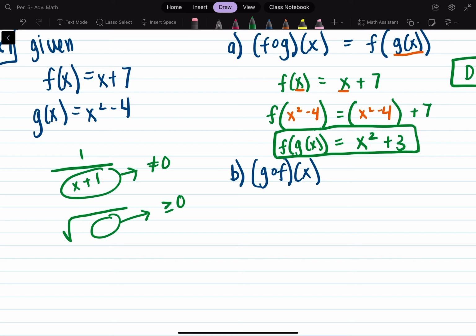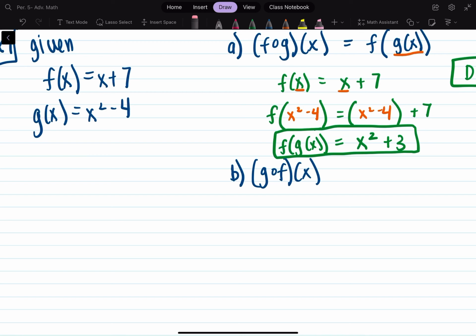So if you're not working with any type of rational or radical function, then you can always assume that your domain will be all real numbers. Okay, so that's a quick little domain recap in case you needed it.